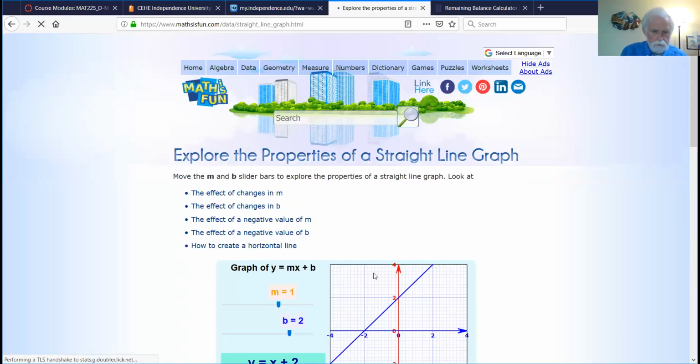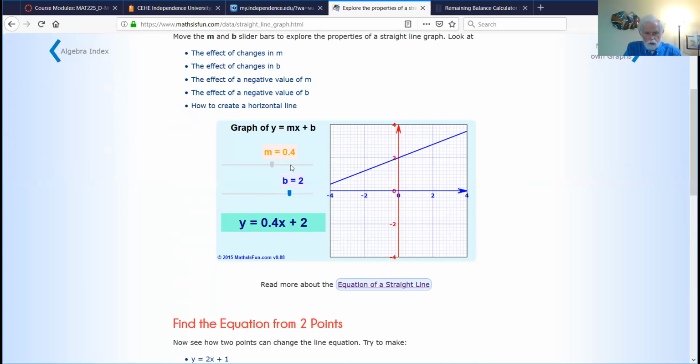Go here. Okay, so here is something that you can play with. If we change the slope, look what happens. We can't go negative on this graph, at least not in that direction. So let's switch it to negative.